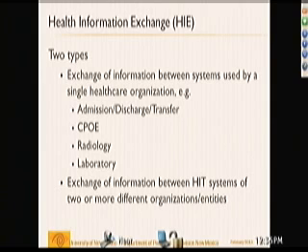You need to be able to have your Computerized Provider Order Entry system talking to your Admission Discharge Transfer system, ADT system, and radiology labs. All those things need to talk together. That's health information exchange. And sometimes you have to have a separate bridge piece of software that helps those four things talk together, or 5 or 6 things talk together. And that's what a health information exchange is.